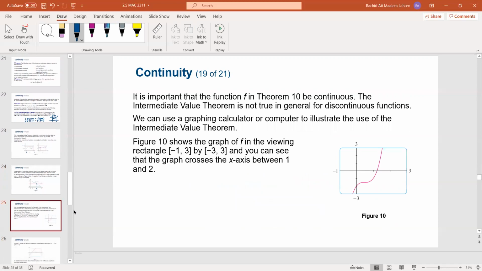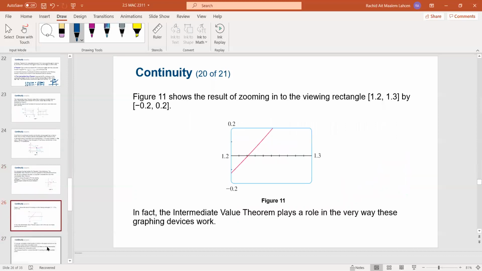All right. So here is some example for it. From -1 to 3, and this one from -3 to 3, and it crosses the x-axis between 1 and 2. As you keep zooming in, you can find the value there.